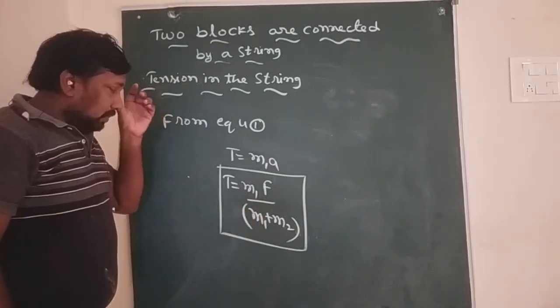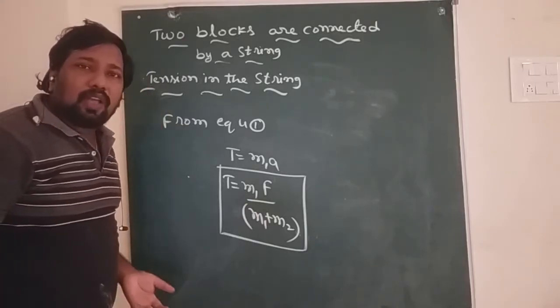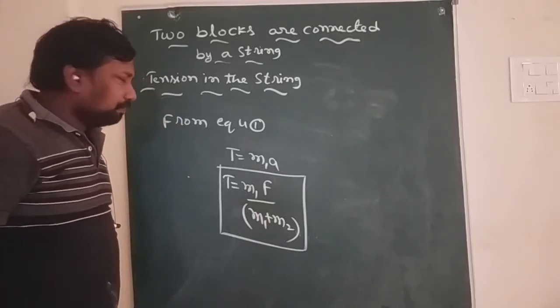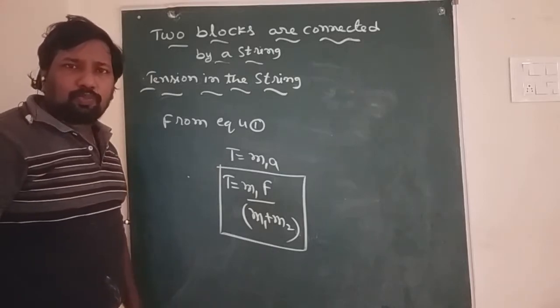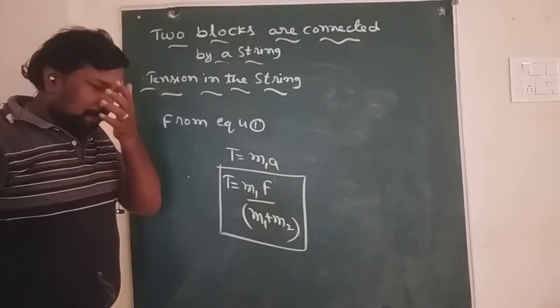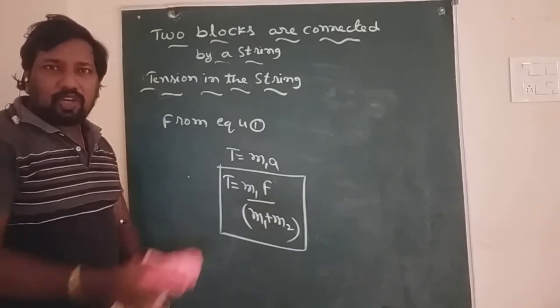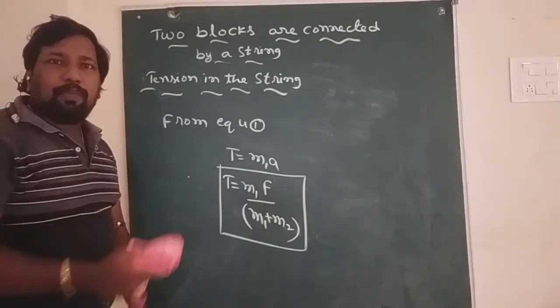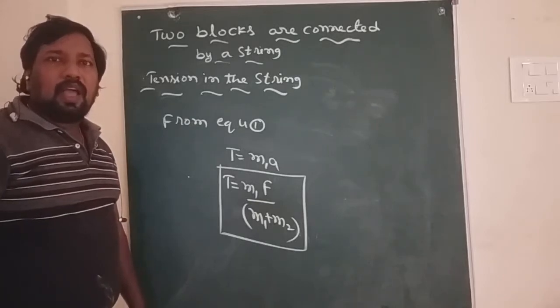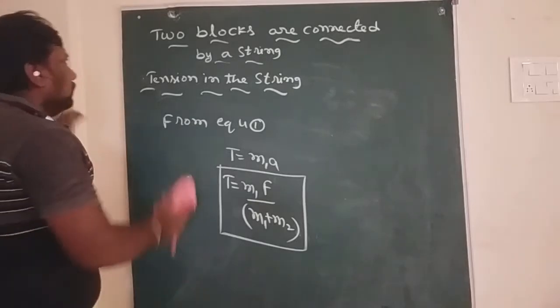Now in the second case, 3 blocks are arranged on the same smooth horizontal surface by connecting a string. Then we can find out the acceleration of the system and the tension between the M1 and M2 block and between the M2 and M3 block.